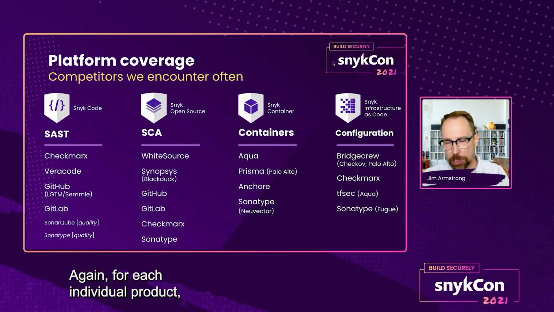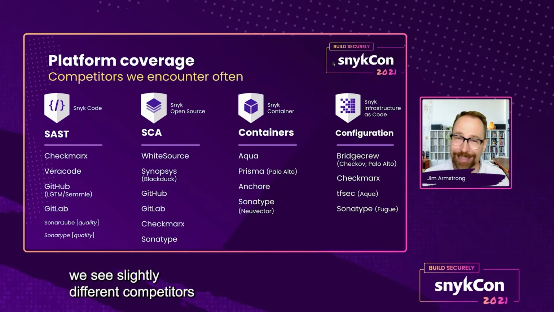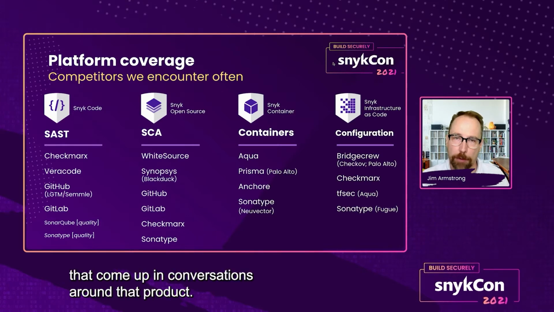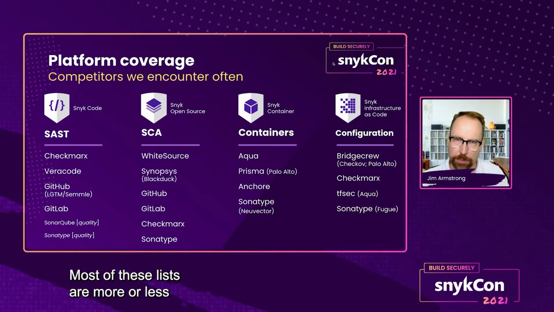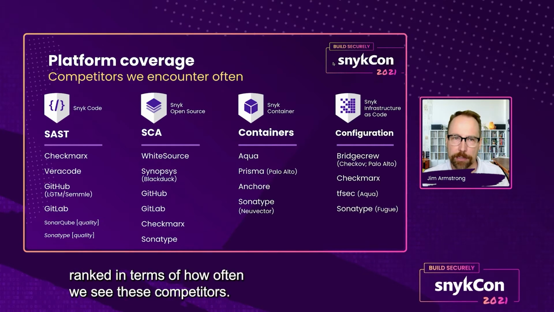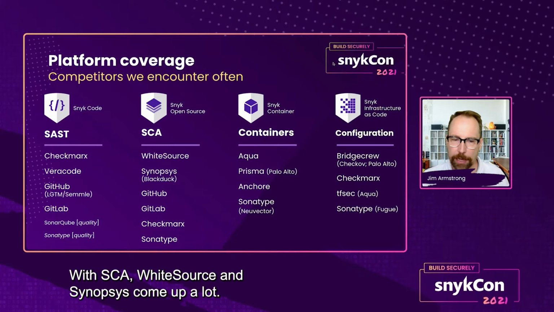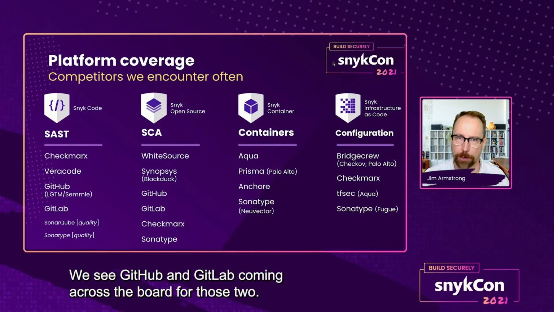Again, for each individual product, we see slightly different competitors that come up in conversations around that product. In the SAST world, we see Checkmarx and Veracode come up pretty often. Most of these lists are more or less ranked in terms of how often we see these competitors. With SCA, WhiteSource and Synopsys come up a lot. We see GitHub and GitLab kind of across the board for those two.